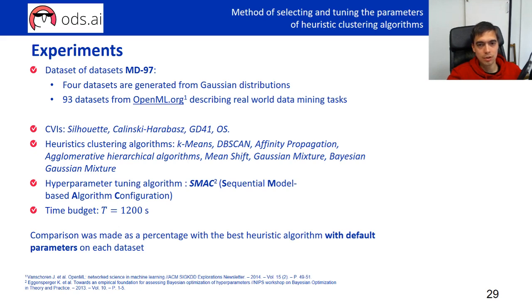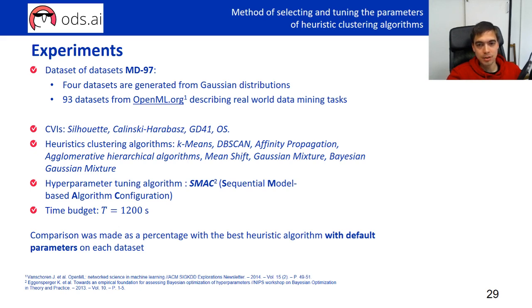So 4 quality measures mentioned earlier were used for the assessment. We also used 7 heuristic clustering algorithms that are listed on the slide. And as the hyperparameter tuning algorithm, we chose the SMAC algorithm, that is sequential model-based algorithm configuration. And the time budget was set equal to 1,200 seconds for all the experiments.